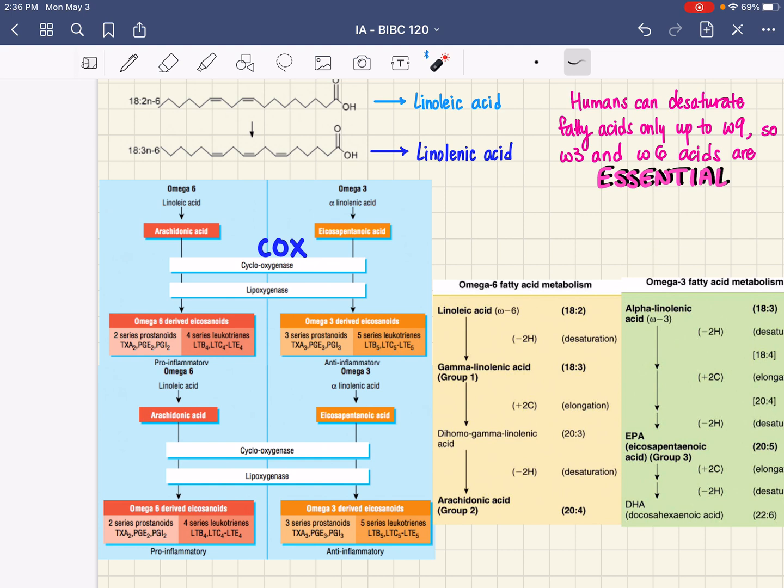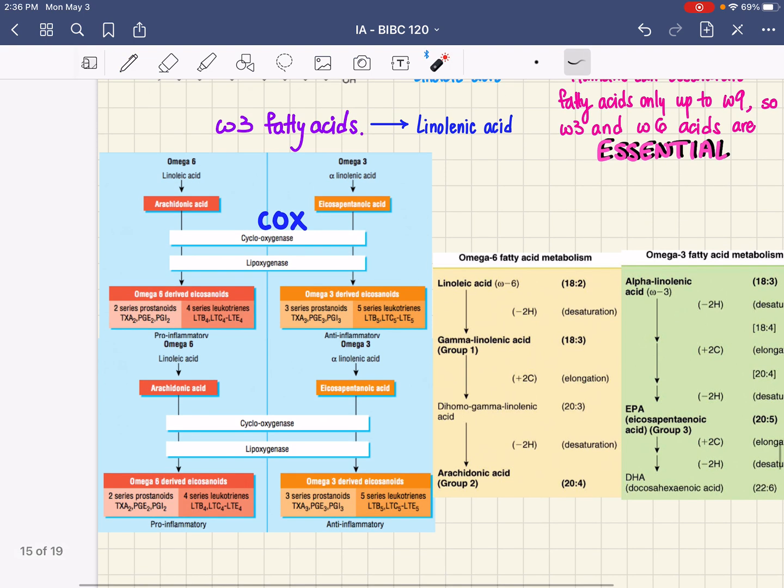I'm going to delete this. Sorry about that. So this isn't linolenic. Linolenic should be an omega-3 fatty acid, and you can find the structure of it in the lecture notes. Sorry. Okay, let's carry on. So linoleic acid is omega-6, linolenic is omega-3.